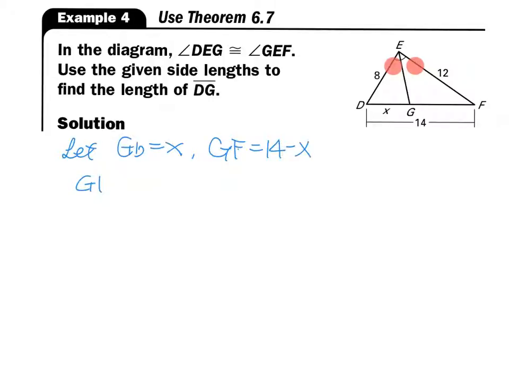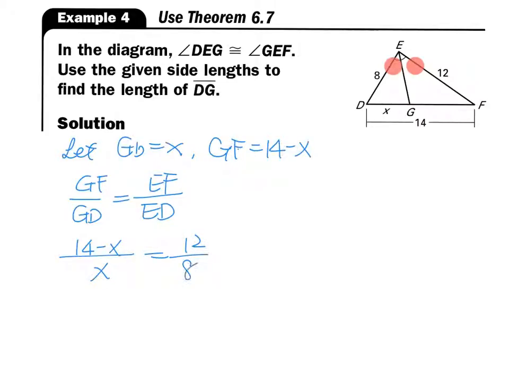So now we know the angle bisector divides the opposite side proportionally, so it's GF over GD equals EF over ED. Again, we can set this up because we know the angle bisector EG divides DF proportionally, and then you substitute all the information you have.